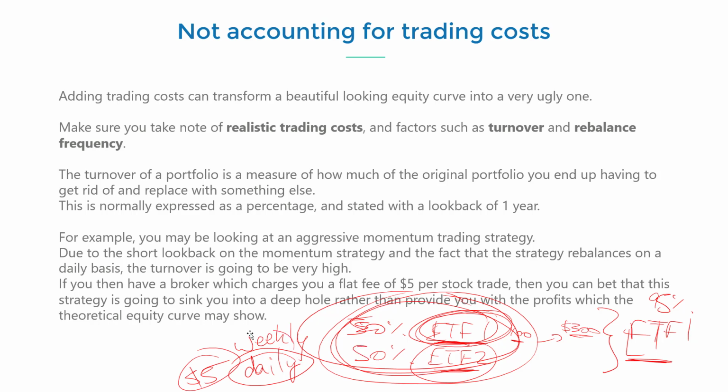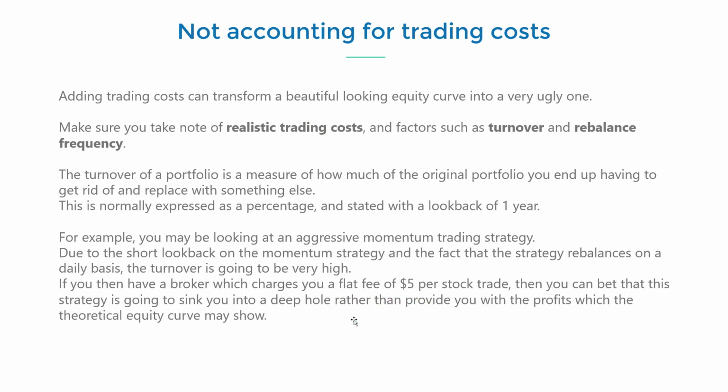Okay, so when you've got algos that are rebalancing very, very frequently, be careful with that, because commissions can absolutely eat you up, and that's especially the case with providers that are not including trading costs in their results. Okay, the ideal is that they do include reasonable trading costs in their results, so that way the equity lines are much more realistic.